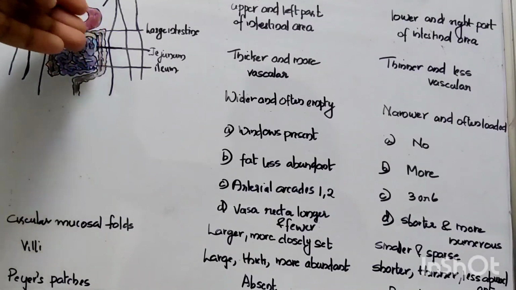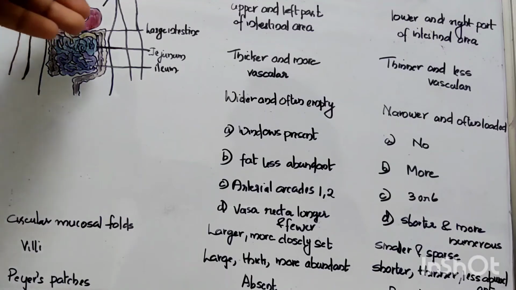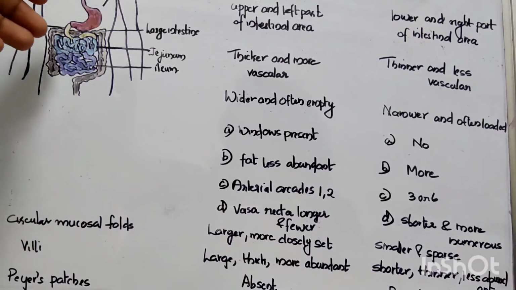Then we discussed the internal features, that is, the circular mucosal folds. They are larger and more closely arranged in the jejunum, and in the ileum they are smaller and sparse. Next is the villi. Villi are larger, thicker and more abundant in the jejunum, and shorter, thinner and less abundant in the ileum.